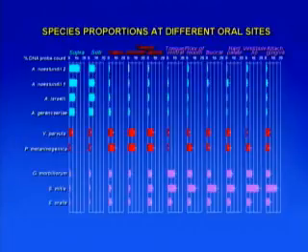If we look at the purple bars, which is G. morbillorum, Streptococcus mitis, and Strep oralis, these species tend to be higher on the other oral soft tissue surfaces rather than the lateral and dorsal surfaces of the tongue and the teeth. So there seem to be definite patterns of colonization among these different oral sites.